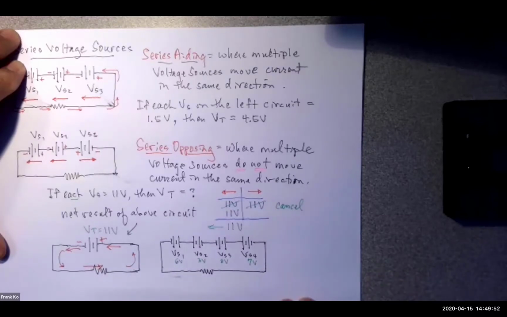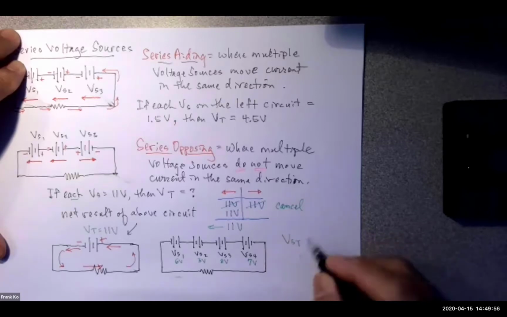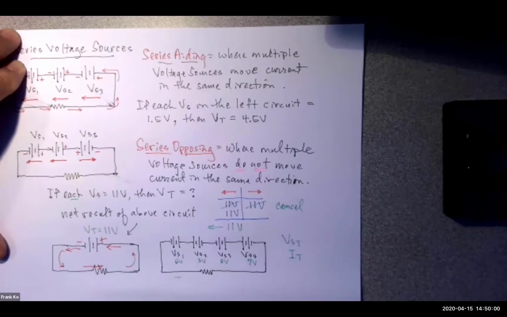So based on this, I'm looking for a VST. I'm looking for an IT, given that my resistor is going to be, let's say, 2.2 kilo ohms.